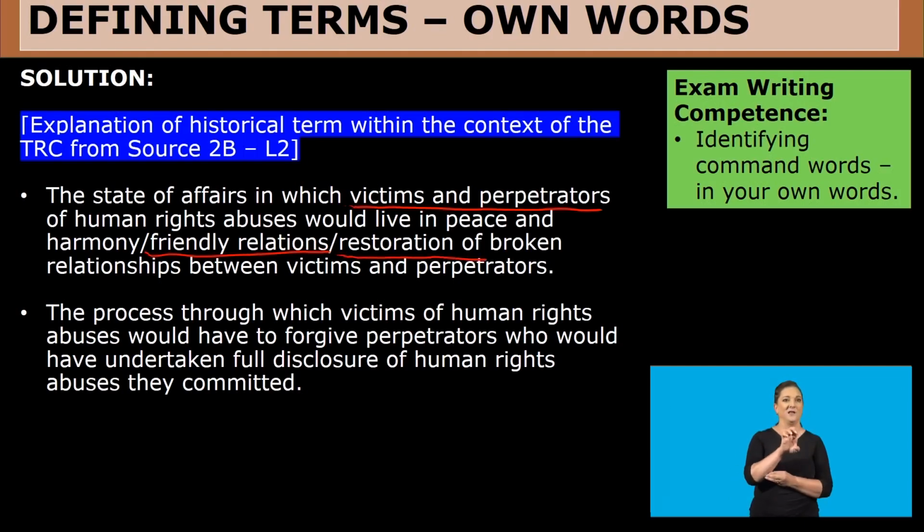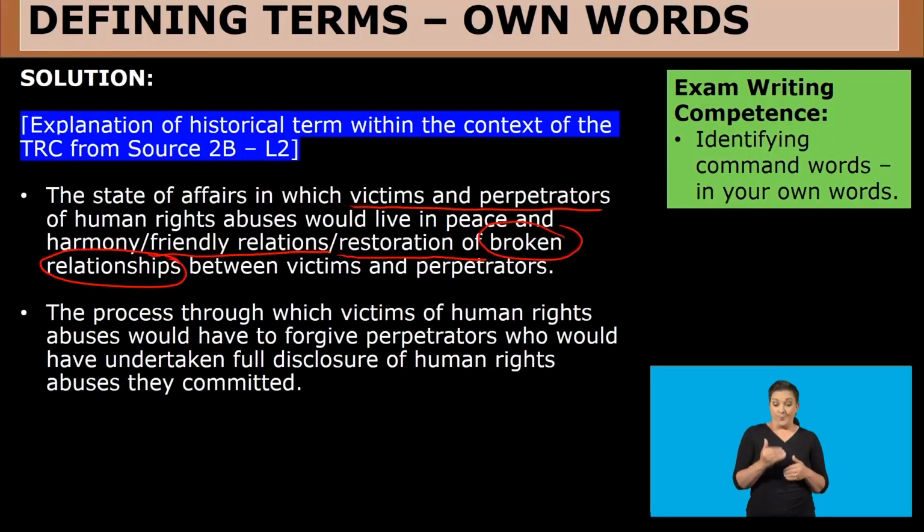That's another word. Restoration of broken relationships between victims and perpetrators. So it's very, very important to mention that the relationships would have been broken. So now that shows that you understand that they are no longer broken. That means people have reconciled. So that is the meaning of reconciliation.